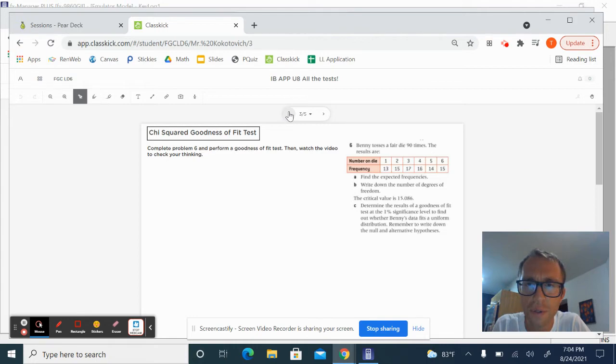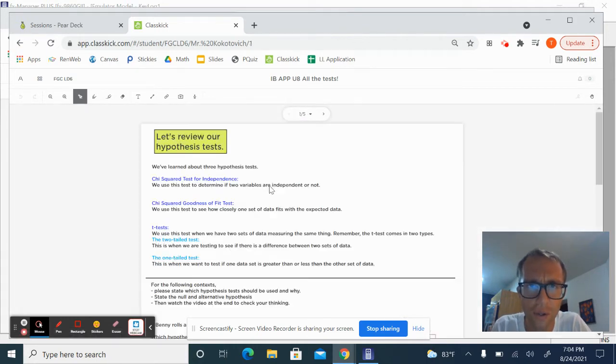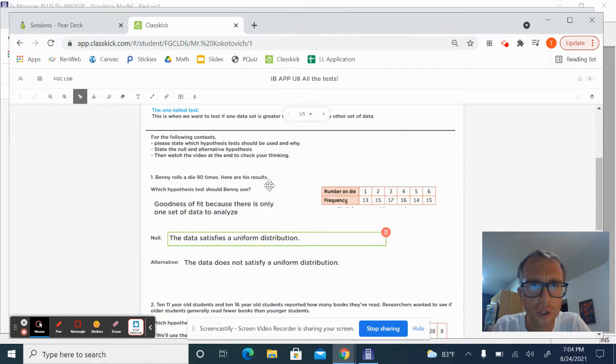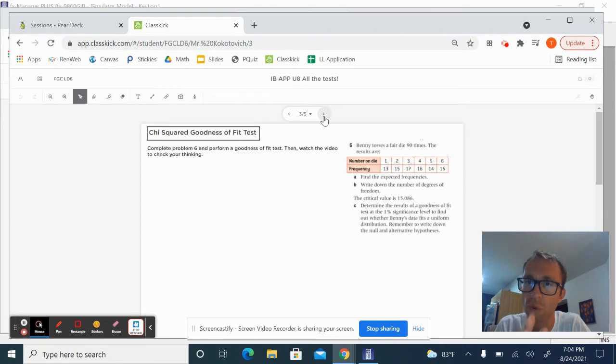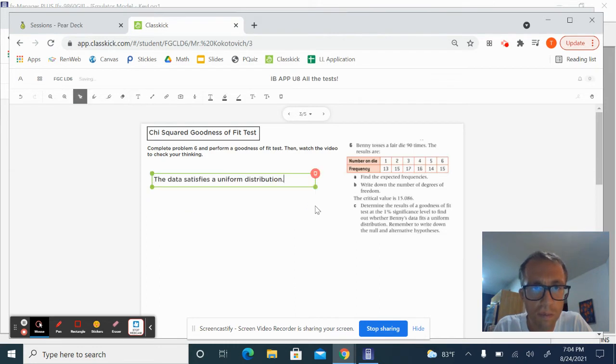I'll start with the null and alternative hypothesis here. On the first page, Benny, right here. Pretty straightforward. The null: the data satisfies a uniform distribution. They are equally likely to land on 1, 2, 3, 4, 5, 6. That's what this dice is.